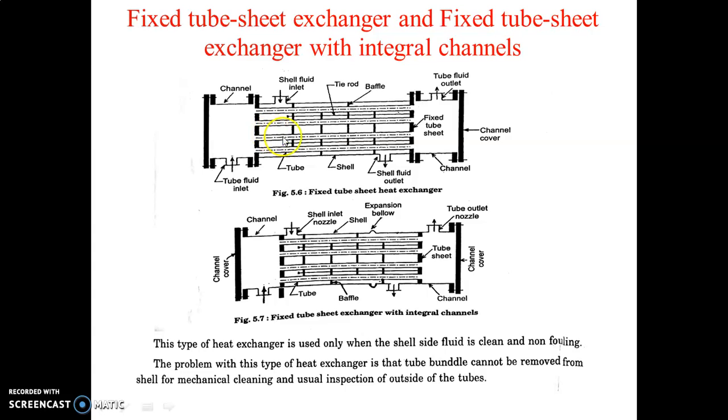If you use a dirty fluid, that means a fluid containing some solid material, it will be deposited on the outside or inside of the tubes. So for that purpose you have to remove and clean these tubes. Therefore you have to remove the tube bundle. But this is not possible in a fixed tube sheet heat exchanger. So this is the disadvantage. And what is the application? If you have a clean fluid, you can use this type of heat exchanger.